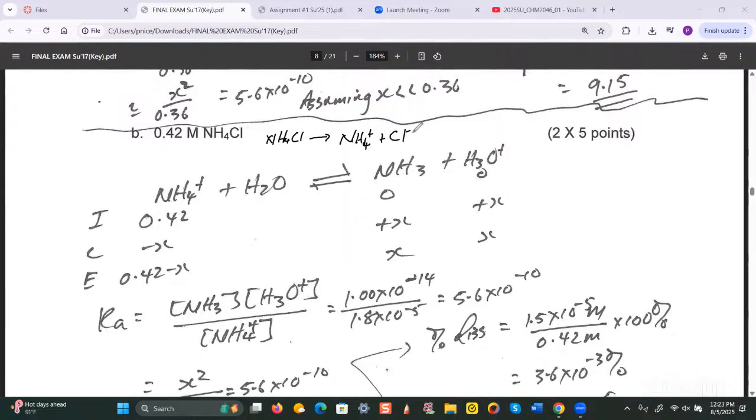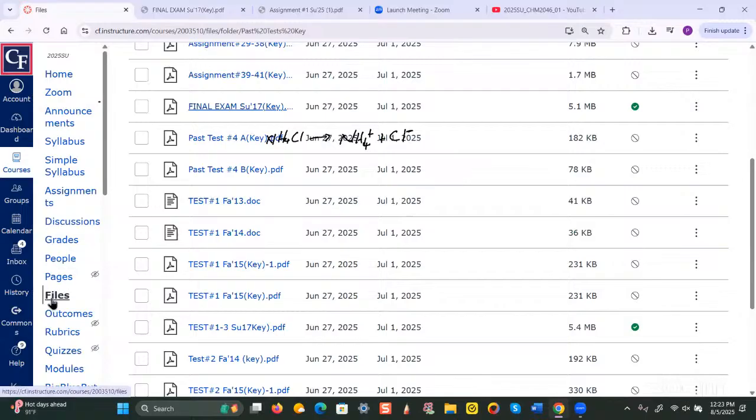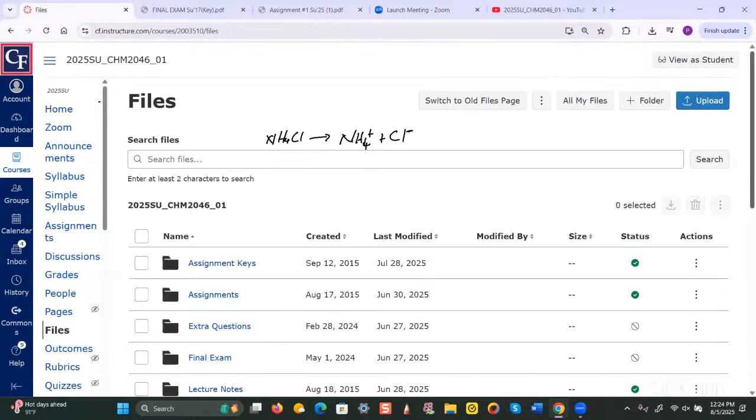Let me just say this. I don't think I've had any of you in my Chem 1 class, but in my Chem 1 class, there's a table which is still available, which gives you solubility rules. I don't know if you guys are familiar with the solubility rules for ionic compounds.